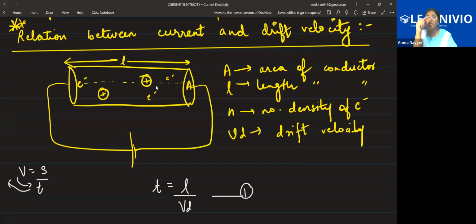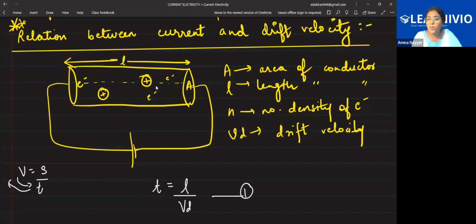That is called the cross section. So the area of the cross section is A, the length of the conductor is L, and it is connected to the wire. N is the number density, meaning the number of electrons present in 1 unit volume. Vd is the drift velocity.